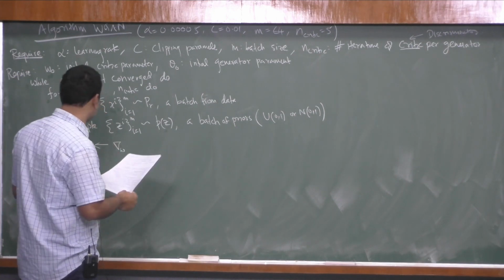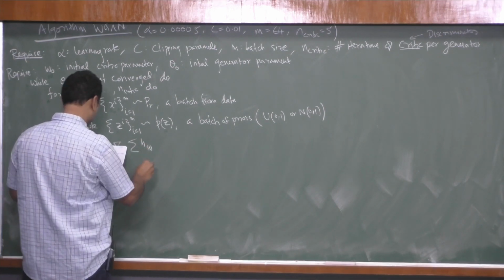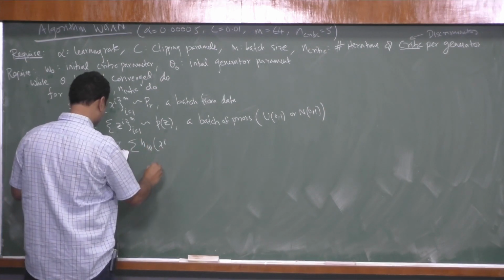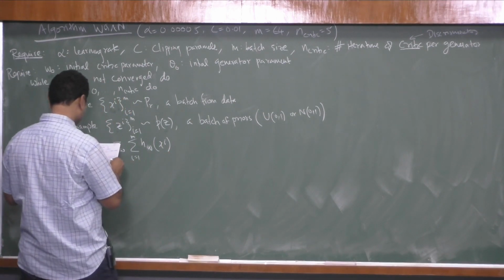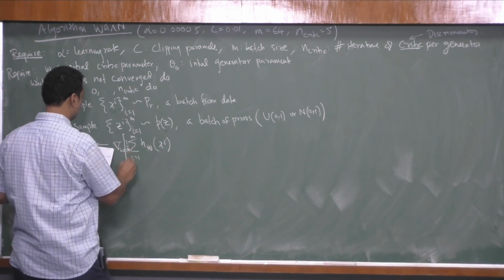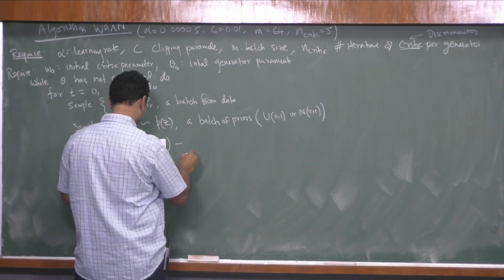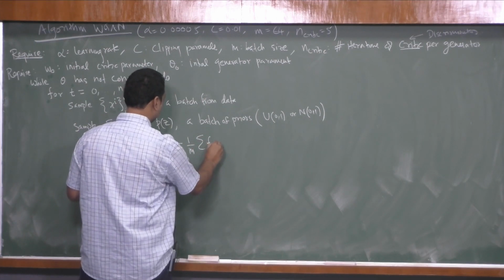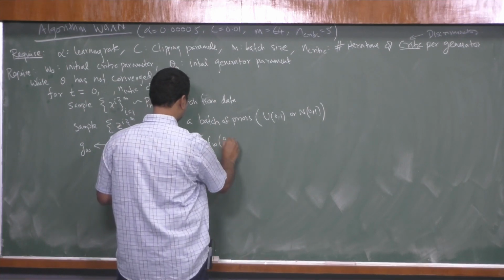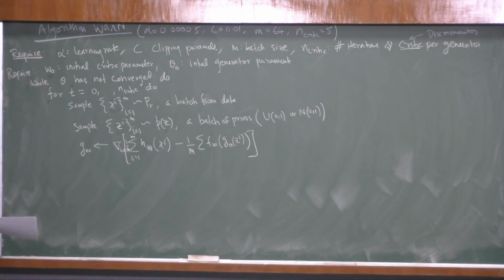So let me use h_W then, since we started with h_W. So this is h_W of x_i, i equals 1 to m, with 1 by m as well, minus the other expectation, which is 1 by m times the sum of f_W of g_theta of z_i. You can think of this as a sample average, a sample mean.